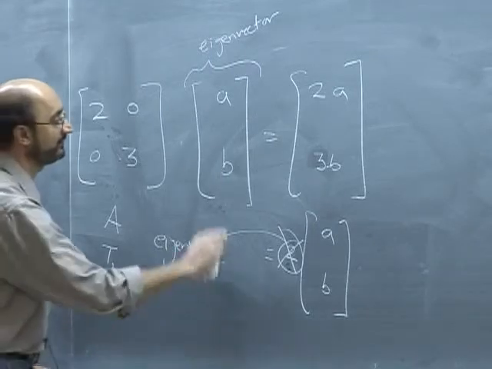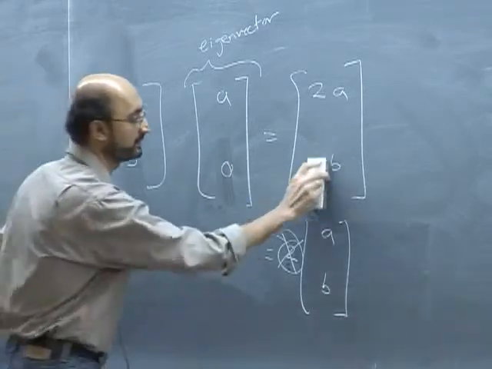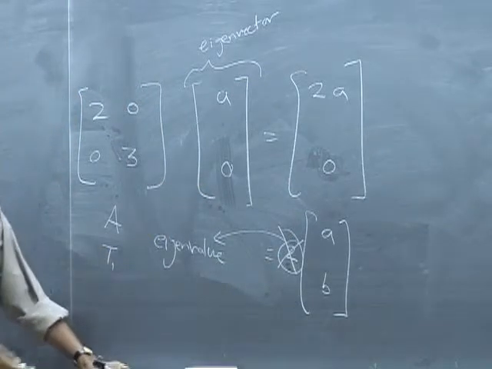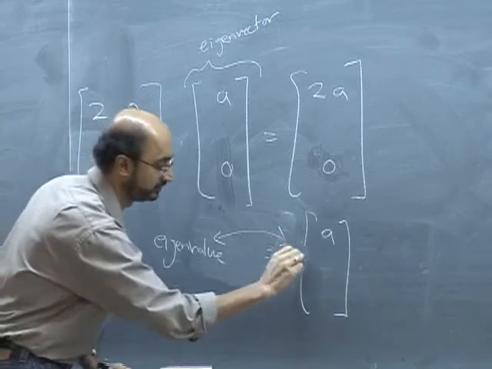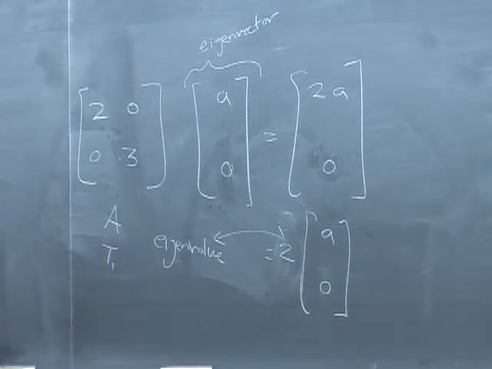That's right. So let's say we zap this out. We make this a 0. Then this is going to become a 0 over here because that's a 0 from there. And then we can say that this is basically 2 times a, 0. Remember, I'm not saying it's going to be true for all vectors. It was the case that when it was 2 0 0 2, it was for all vectors.